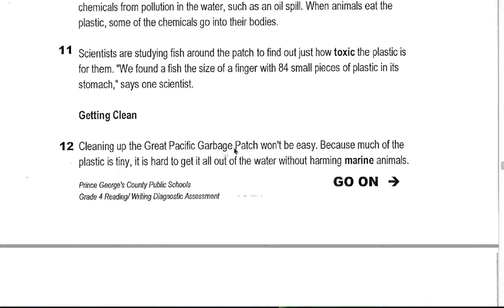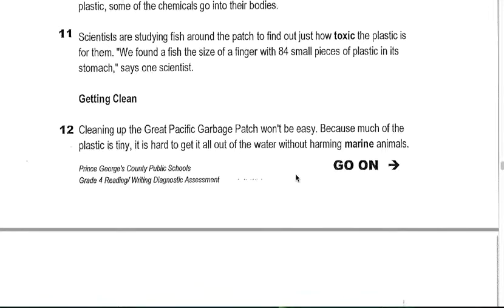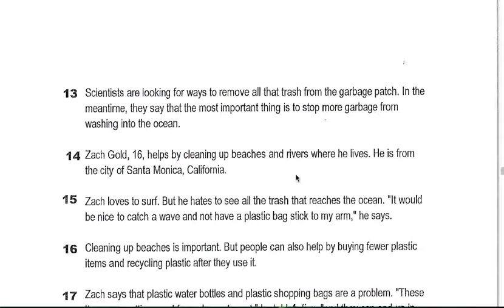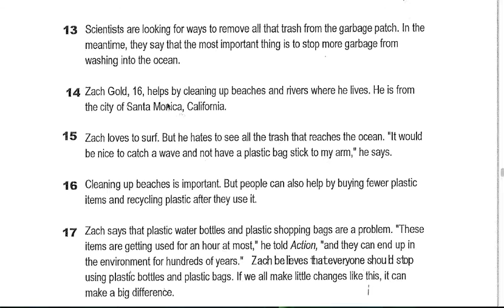Getting clean. Cleaning up the Great Pacific Garbage Patch won't be easy because much of the plastic is tiny. It is hard to get it all out of the water without harming marine animals. Scientists are looking for ways to remove all that trash from the garbage patch. In the meantime, they say that the most important thing is to stop more garbage from washing into the ocean.